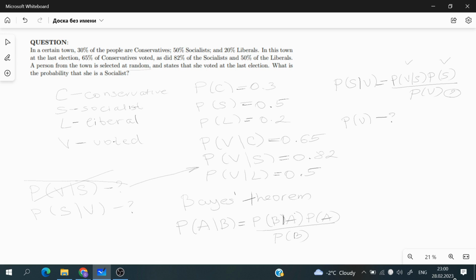With the information that we are given, we might express it in the following way. The probability of V, that the person voted, equals the probability of the person voted intersection, right? Intersection means and.